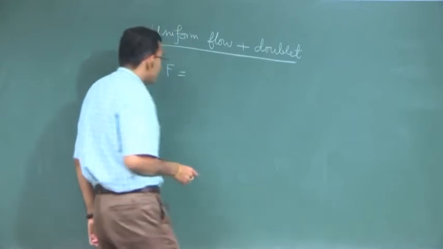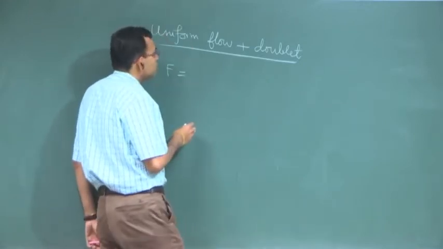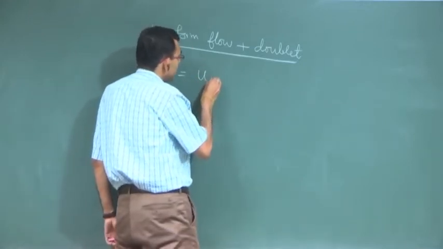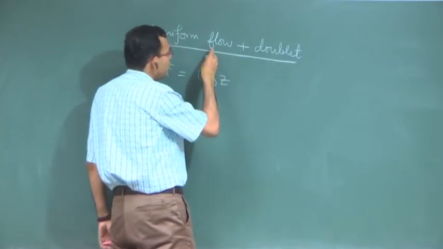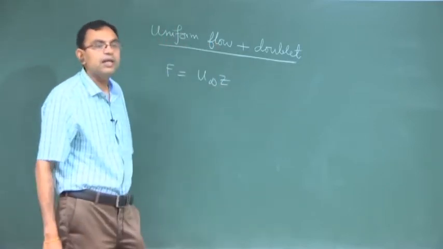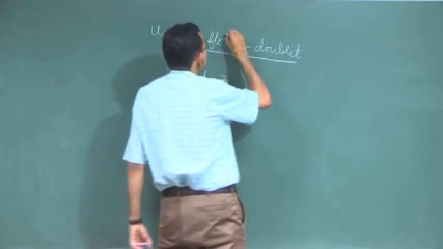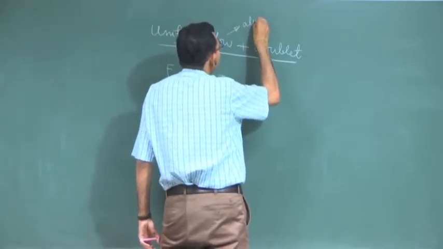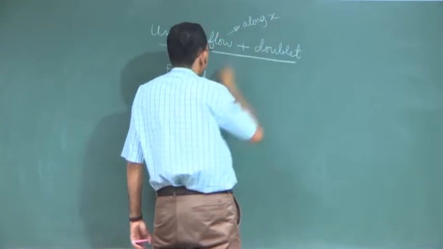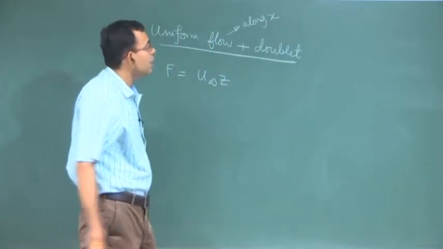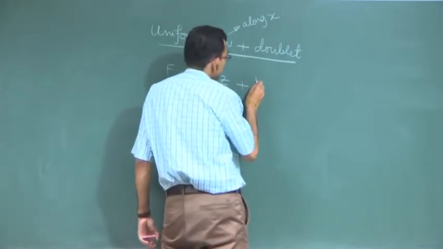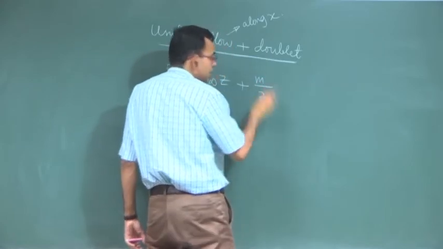So, F is equal to what? Uniform flow could be along any direction. Let us say uniform flow along x, that makes it u infinity z, and the doublet is m by z, where m is called the strength of the doublet.